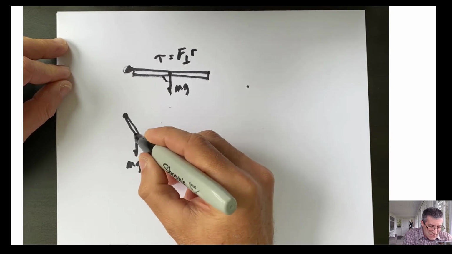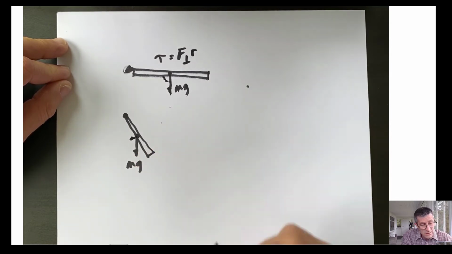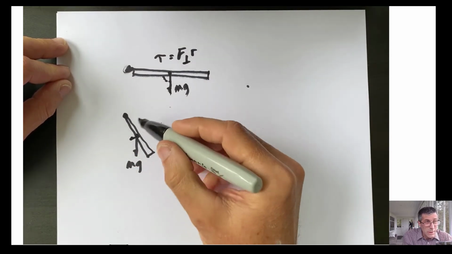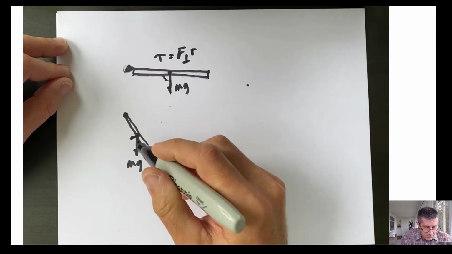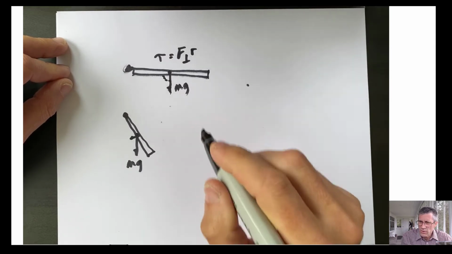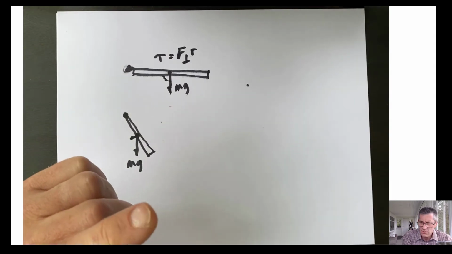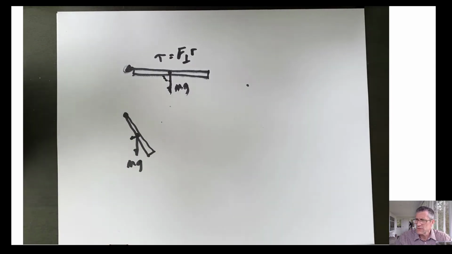Here I have just a small perpendicular component, so the first thing to recognize is that torque is going to be a little bit less as it falls.